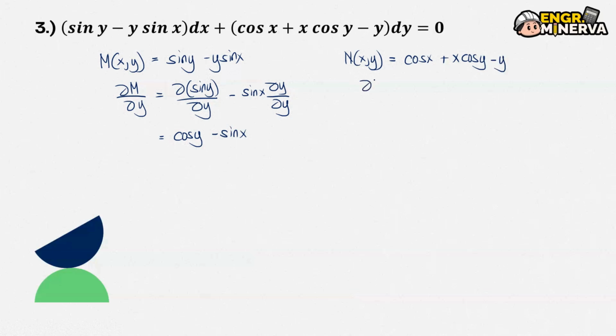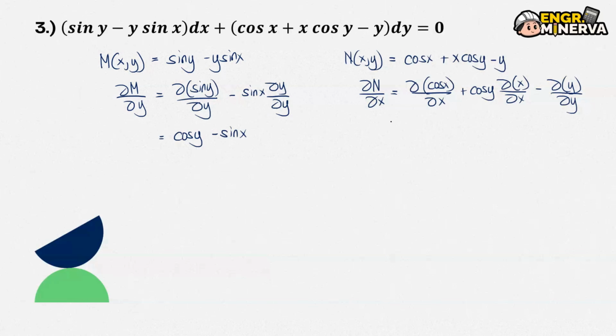Okay, derivative of N with respect to x. That would be the derivative of cosine x with respect to x. Since y is constant, we could factor out cosine y, minus the derivative of y with respect to y.